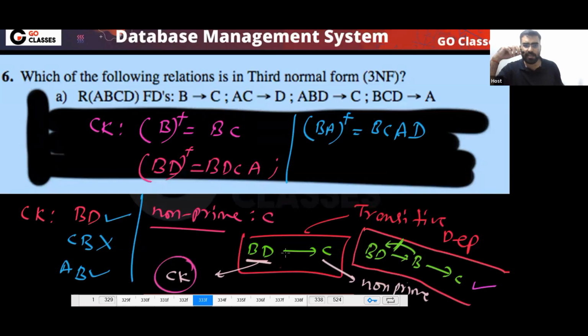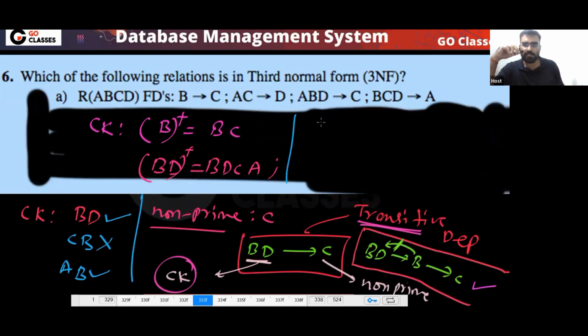So a candidate key transitively determining a non-prime attribute, so definitely this is not 3NF.